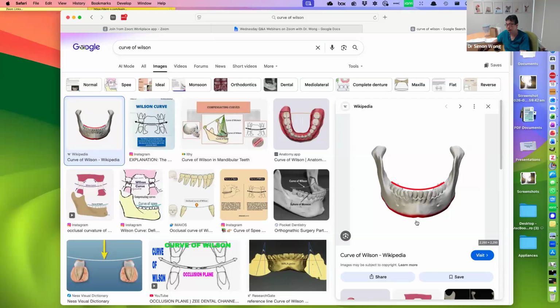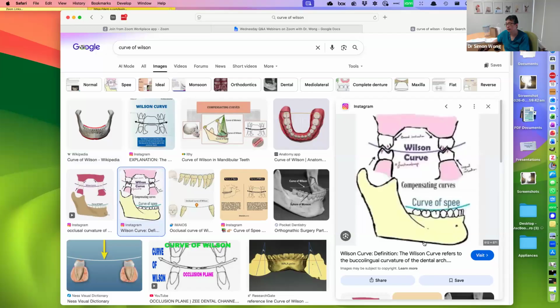But if you want to be able to facilitate sliding mechanics, you have to flatten the curve of Spee and flatten the curve of Wilson so that you can shuffle your teeth or your jaws, if it's surgically your jaws, or in functional appliances, your jaws, or in dental compensations, you can shuffle the teeth in the dentoalveolar bone when you have a flat curve of Wilson and a flat curve of Spee. Why do some people have a steep curve of Wilson?